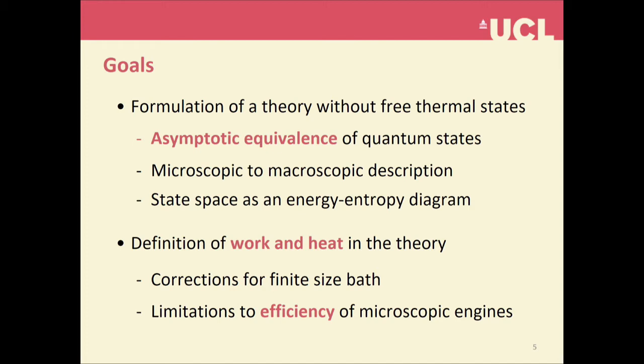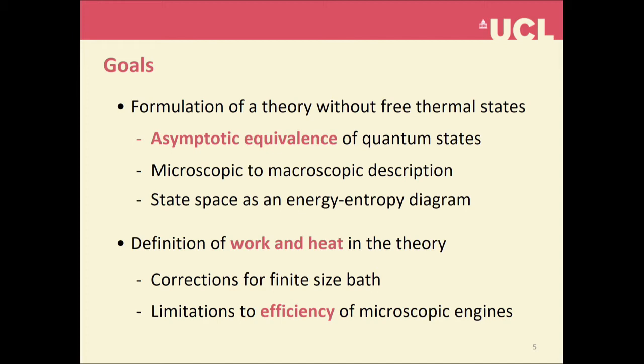And we'll see better what these properties are. We'll also notice that this asymptotic equivalence is essentially equivalent to the passage from a microscopic description of our quantum system to a macroscopic one in terms of observables and so on.